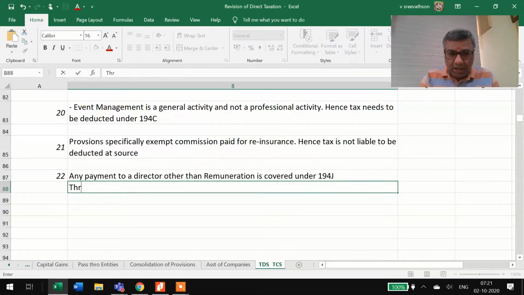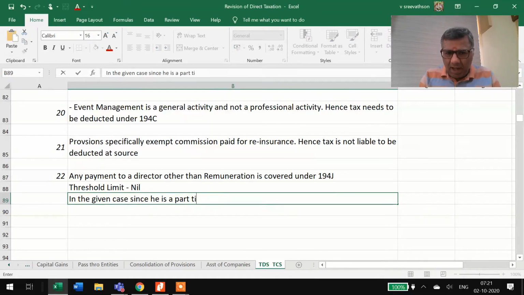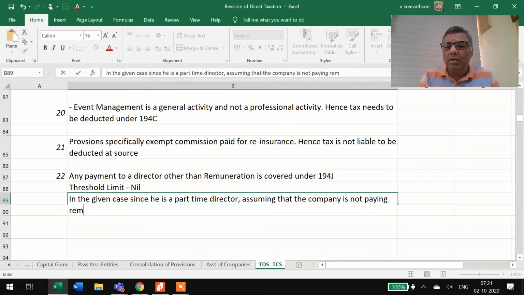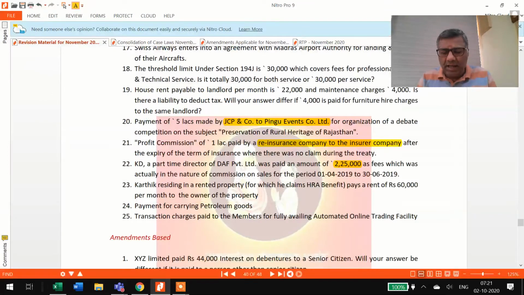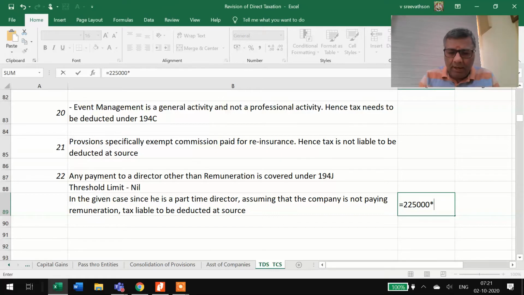Threshold limit nil. So in this given case, since he is a part-time director, assuming that the company is not paying remuneration, tax liable to be deducted at source is 2,25,000 into 10%.